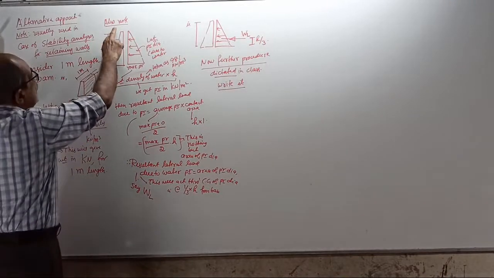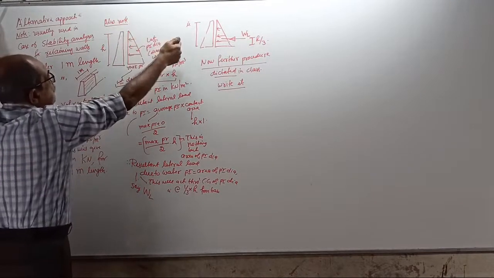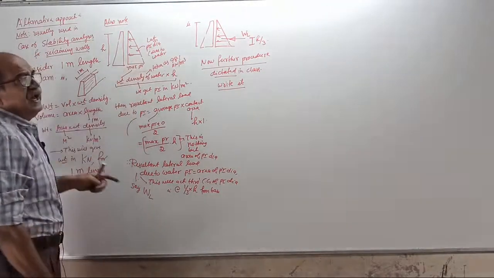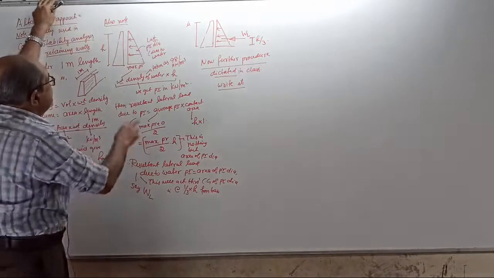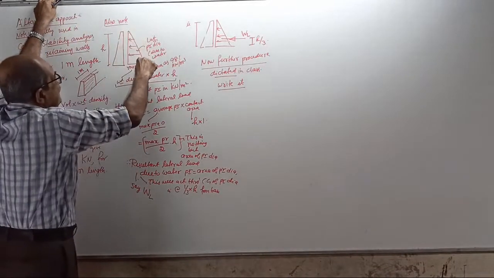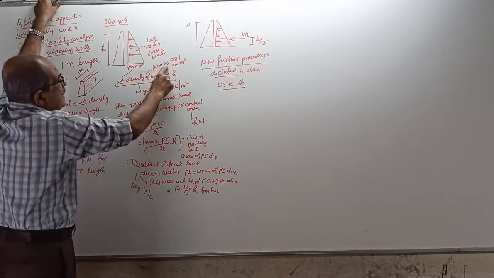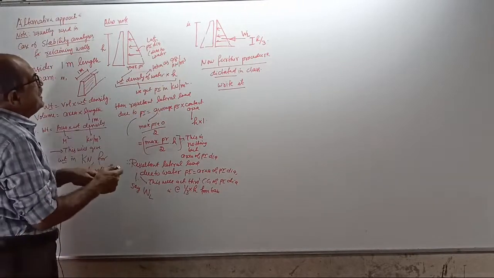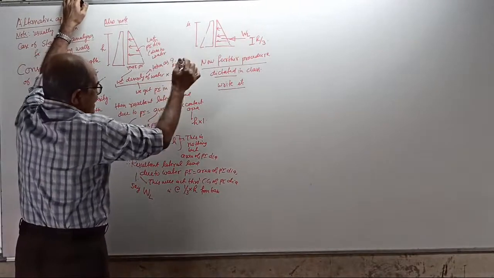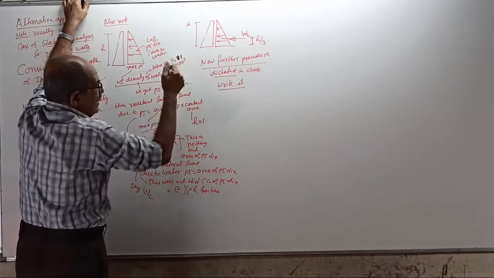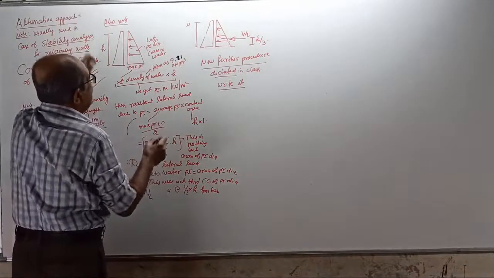Also note, if lateral pressure is acting, here due to water, there due to soil, the pressure diagram is like this. Maximum pressure is here. The weight density of water is taken as 9.81 kilonewton per meter cube.